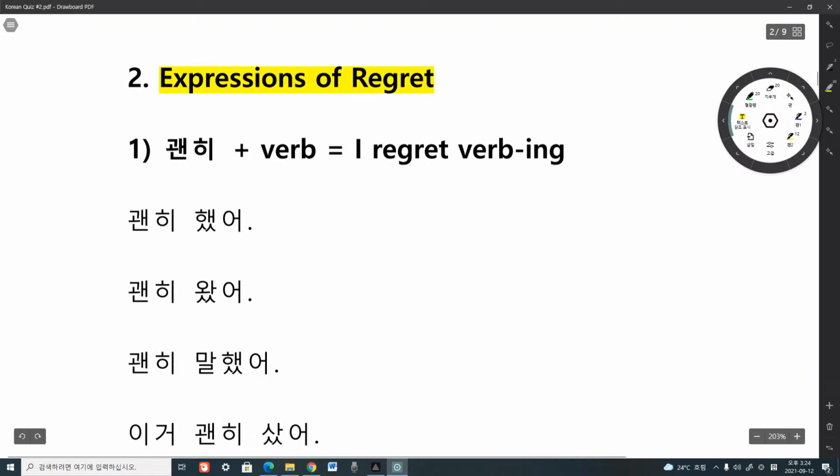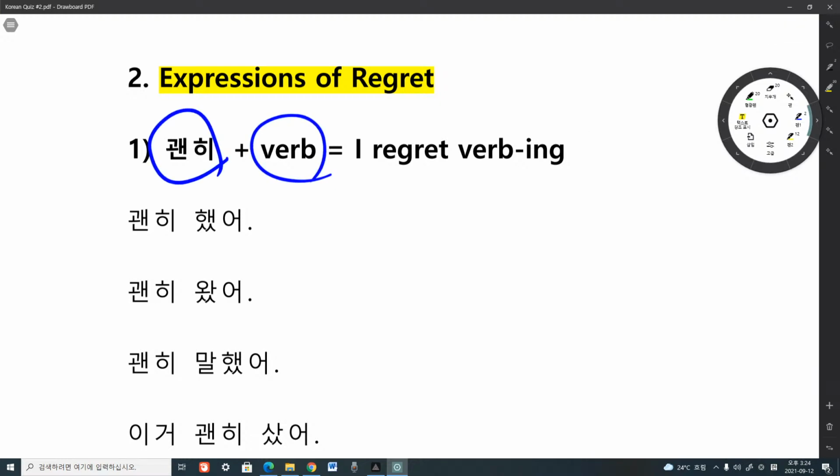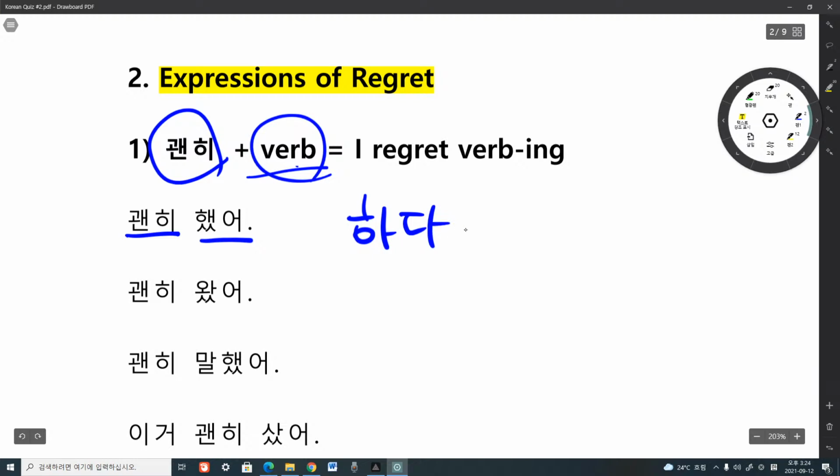There are many ways to express regret, and the first among them is 괜히. 괜히 is an adverb, and you can use it before a verb that you did in the past but you regret. So if you say 괜히 했어, it would mean I regret doing it, right? 했어 is the past tense of 하다, to do.